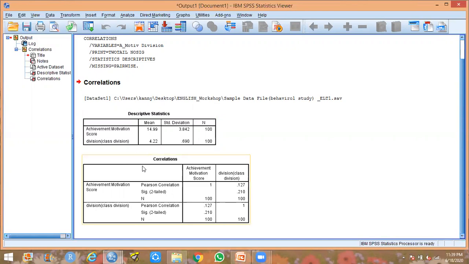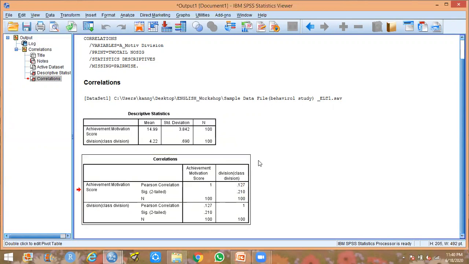Fine. Now comes to correlation. Our interest is to test the correlation between these two, achievement motivation score and division. You can have a look. So here achievement motivation score with the division, right?